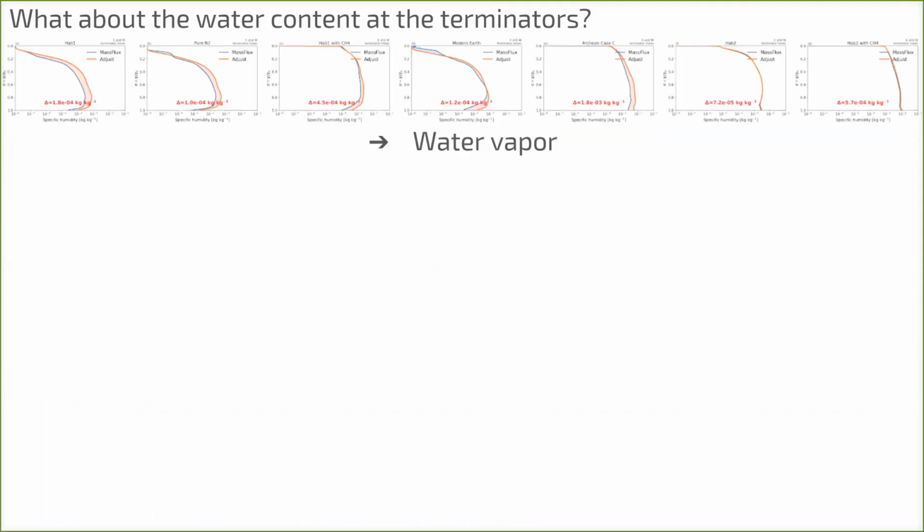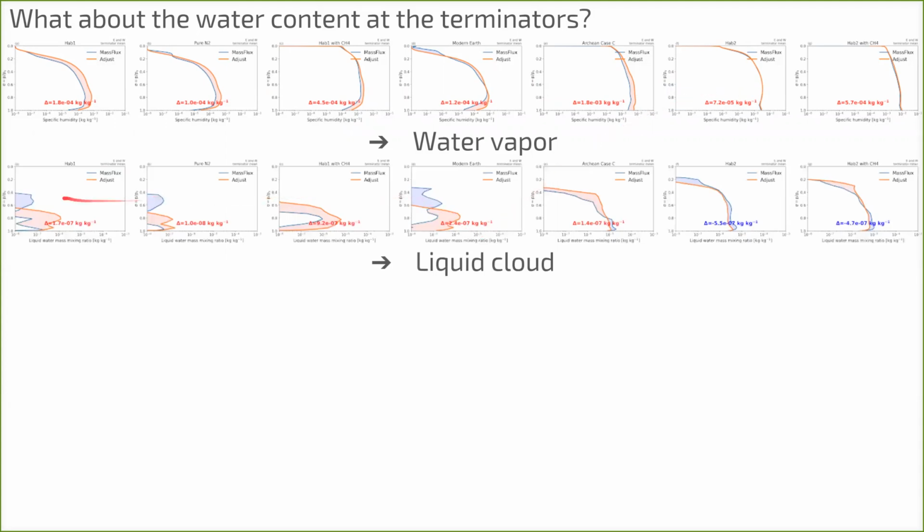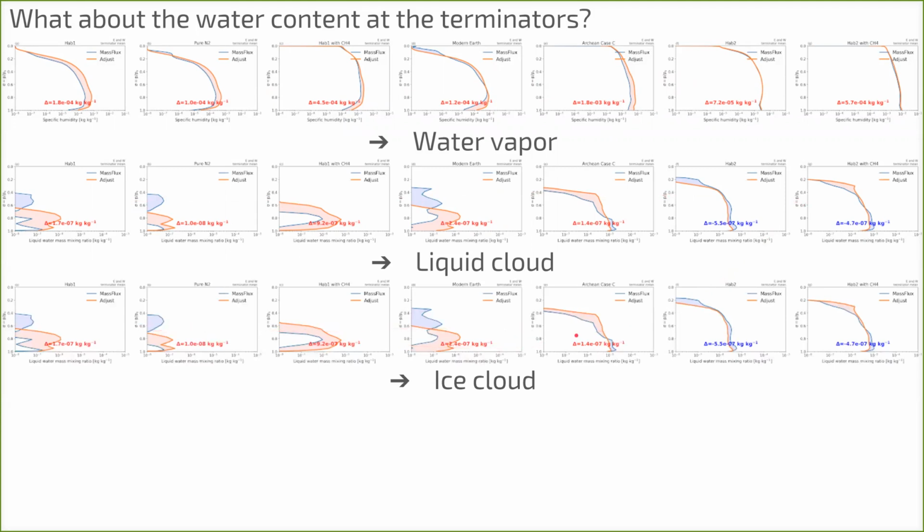Okay, but what about the water content at the terminators in these simulations? This plot shows different profiles for mass flux and adjust simulations for the 7 different compositions. Then this is the same, but for the liquid cloud, and finally the ice cloud.